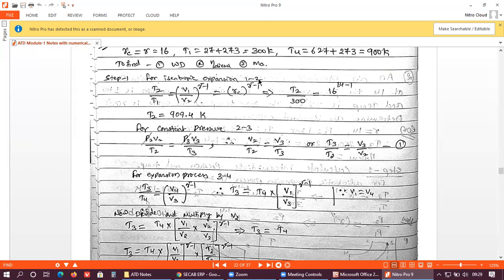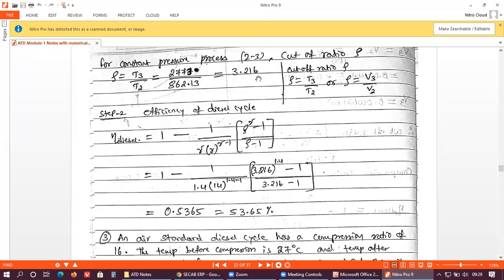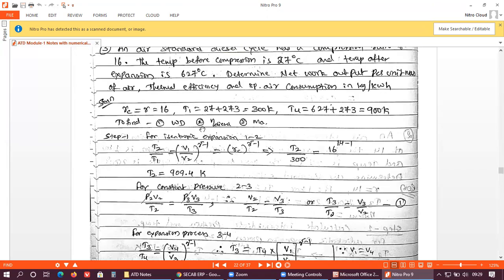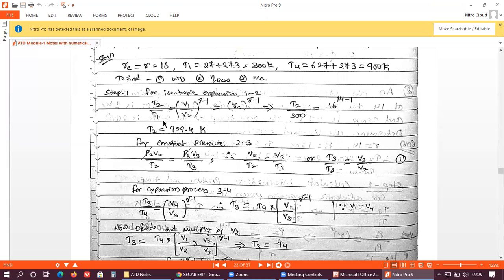Process 1 to 2 is a compression process, whereas 3 to 4 is an expansion process, as you can see on the PV diagram. So during the 1 to 2 compression process, T2 by T1 is equal to V1 by V2 raised to gamma minus 1. V1 by V2 is nothing but R, the compression ratio, so T2 by T1 is equal to R raised to gamma minus 1.